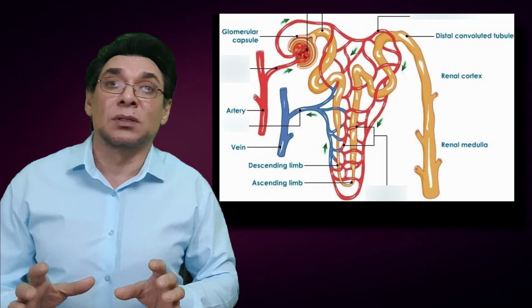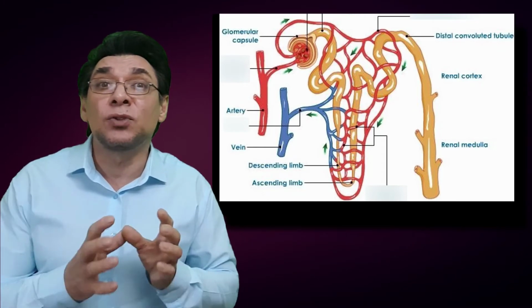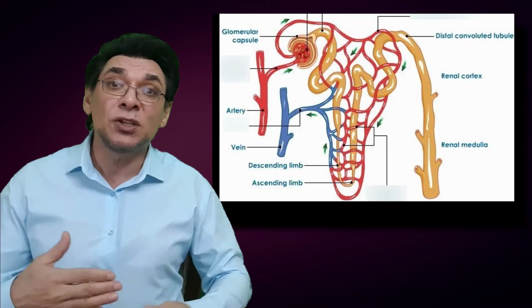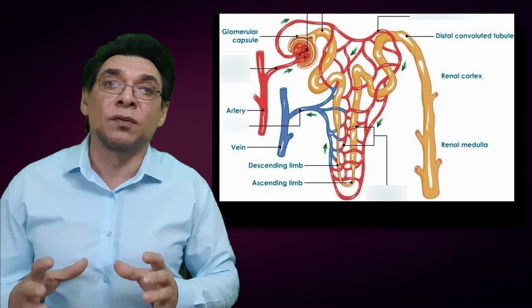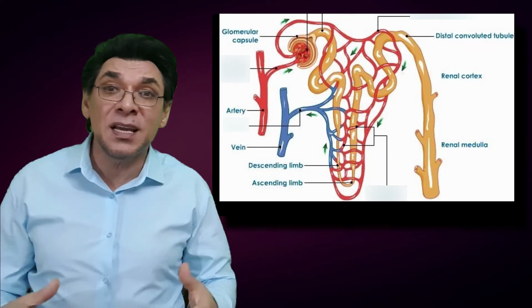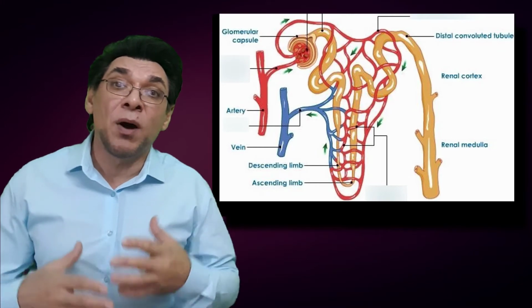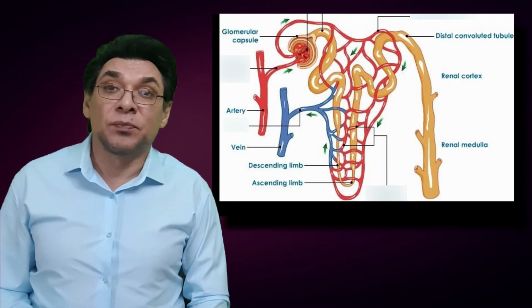Efferent arterioles extend from the glomerular capillaries to the peritubular capillaries, which surround the proximal convoluted and distal convoluted tubules and the loops of Henle. The veins of the kidney run parallel to arteries and have similar names.